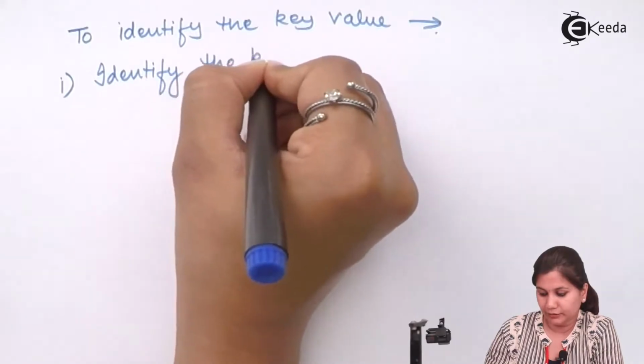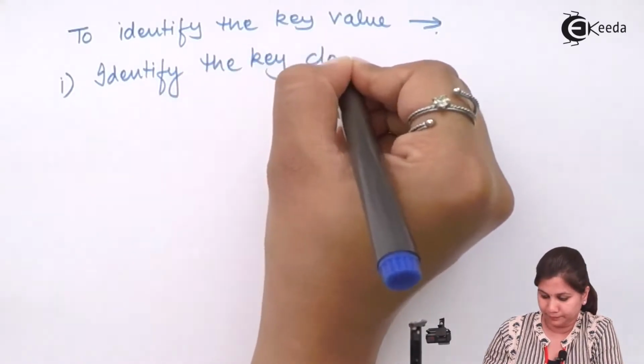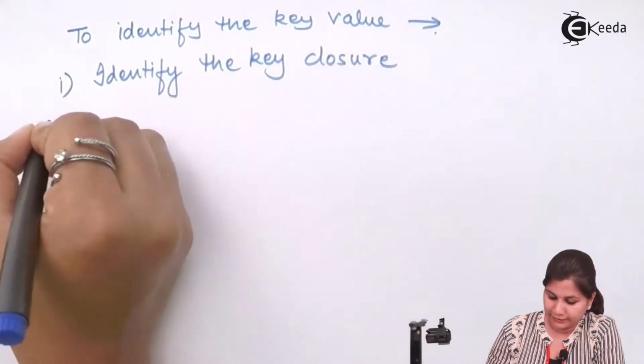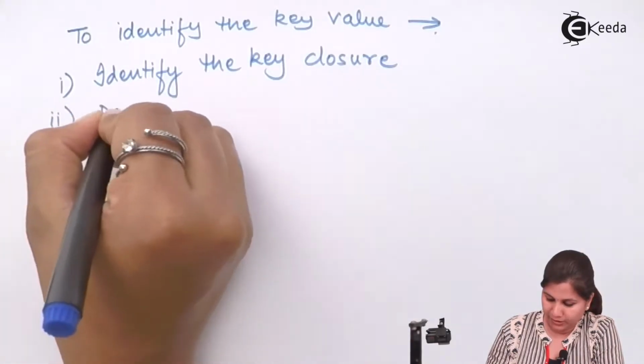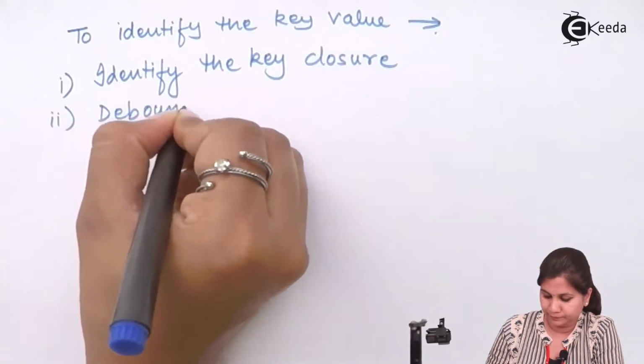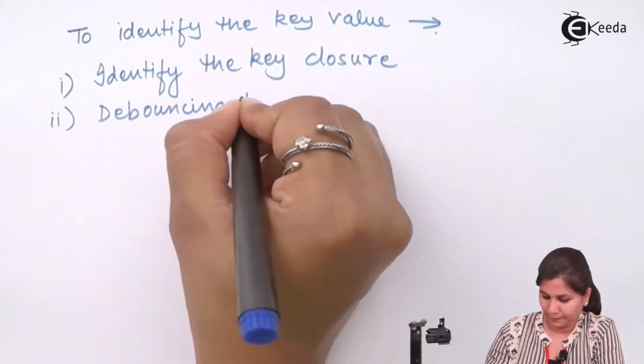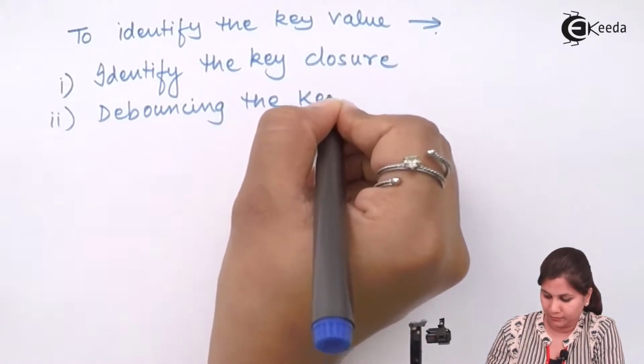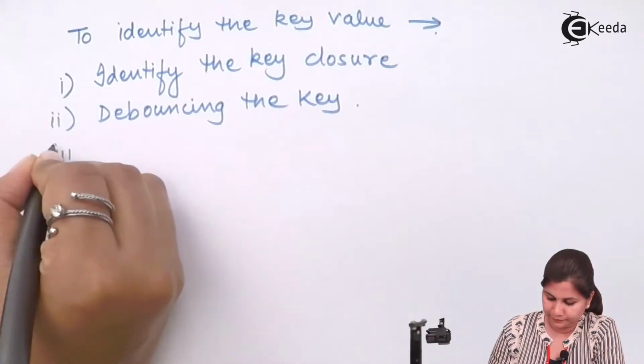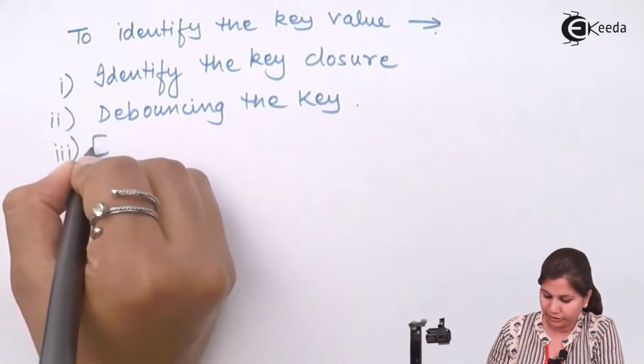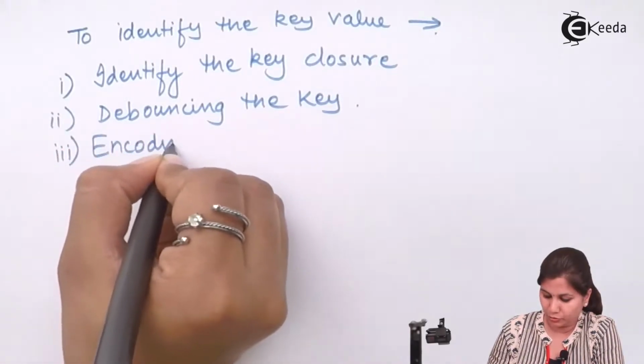Identify the key closure. After that, debouncing the key. Then, after that, encoding the key to an appropriate code.